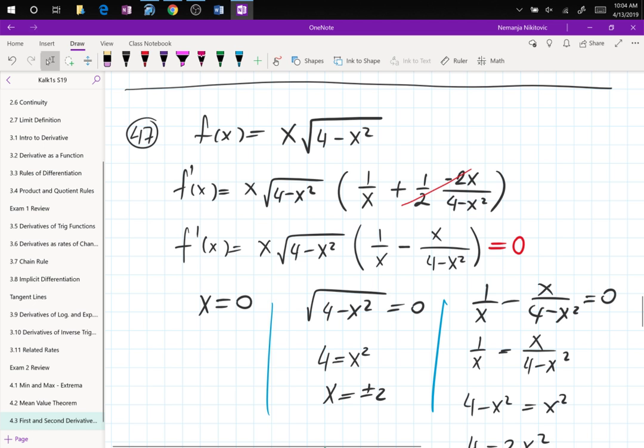So we have x times the square root of 4 minus x squared. And look at that. A little squiggle. Make it larger. And you can see the square root of 2 is about 1.4, right?